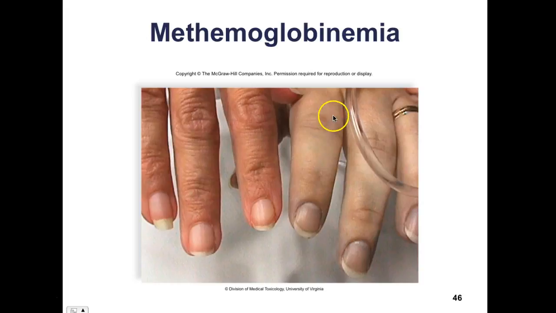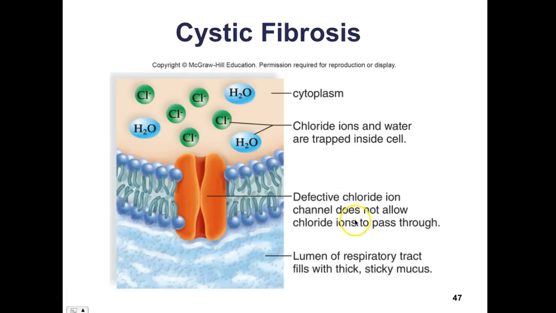Here you can see how the hands appear blue compared to the red coloration that you would have here. And here's the case of cystic fibrosis, where chloride ions and water are going to be trapped inside the cell. Because you have that defective chloride ion channel that does not allow chlorides to pass through, you get the lumen of the respiratory tract filling up with a thick, sticky mucus.